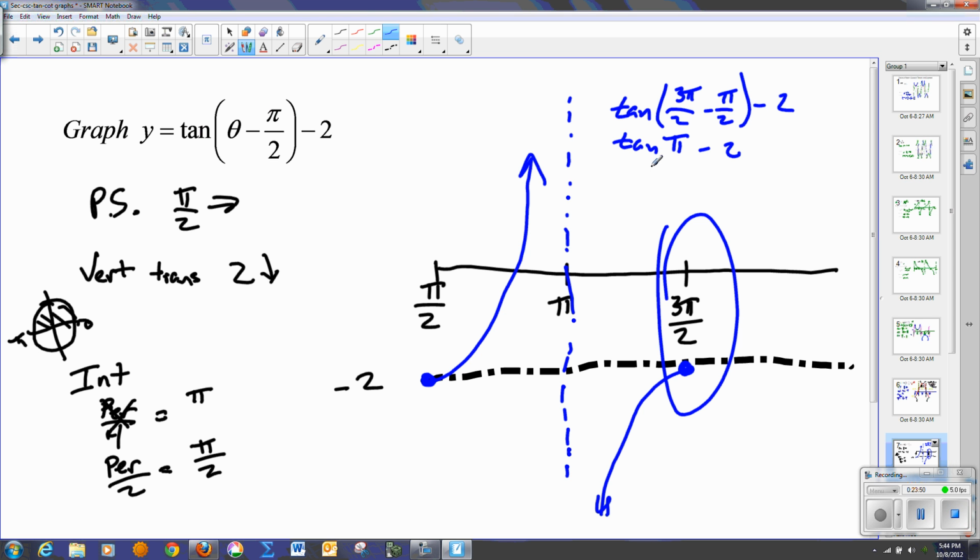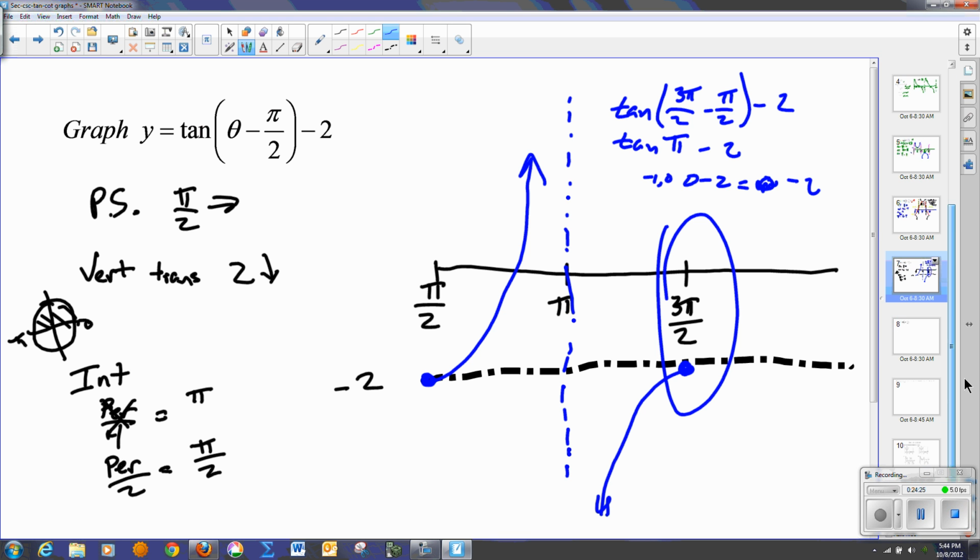Well, the tangent of pi is my y/x value, and I know at 3 pi/2 minus pi/2, I get 2 pi/2, which is pi. At pi, I get values of -1 and 0, so my y/x value is 0 minus 2, which is -2. And it checks out, so I'm all good.